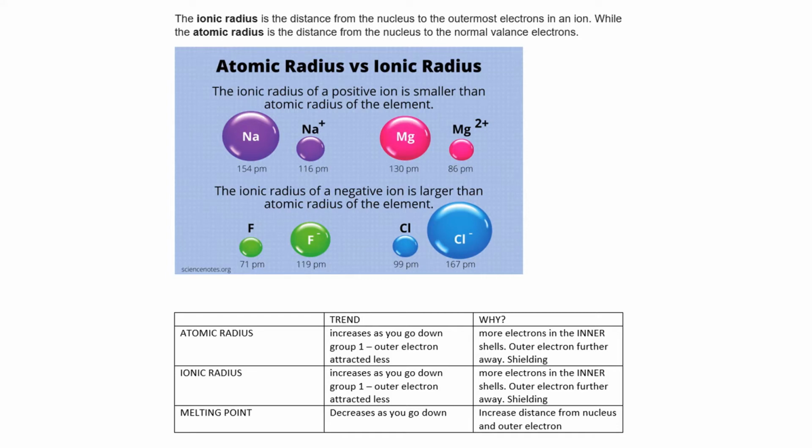However, if you look at group 7 elements, the fluorine atom has gained an electron, so now there are more electrons than protons. The reason why it gets larger is because the number of electrons has increased.